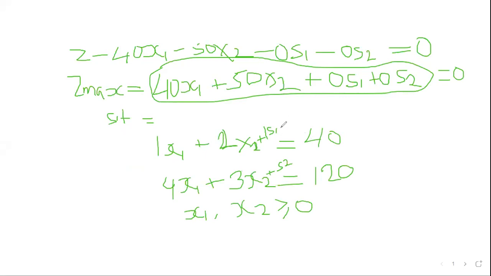That is why S2 has a value of 0 here on our table. The same way, you come to the second constraint, there is no S1, and so S1 here would have a value of 0, and S2 will have a value of 1. Please, are you okay now? I get it. Okay.